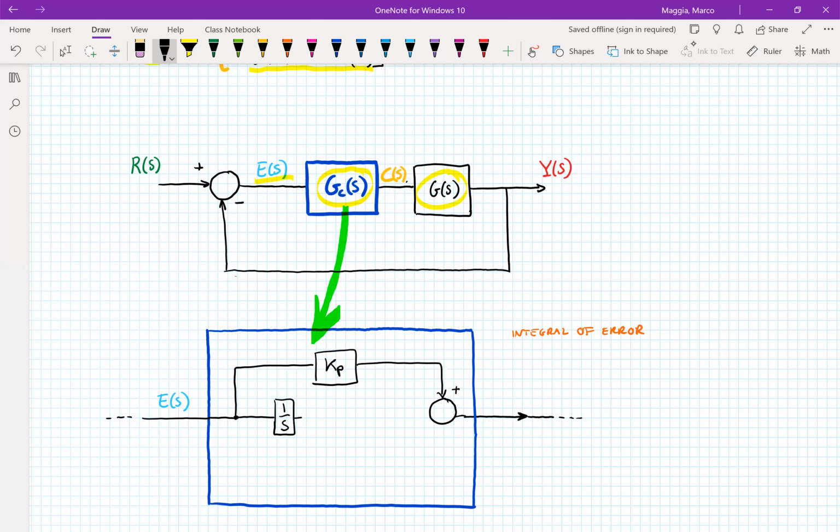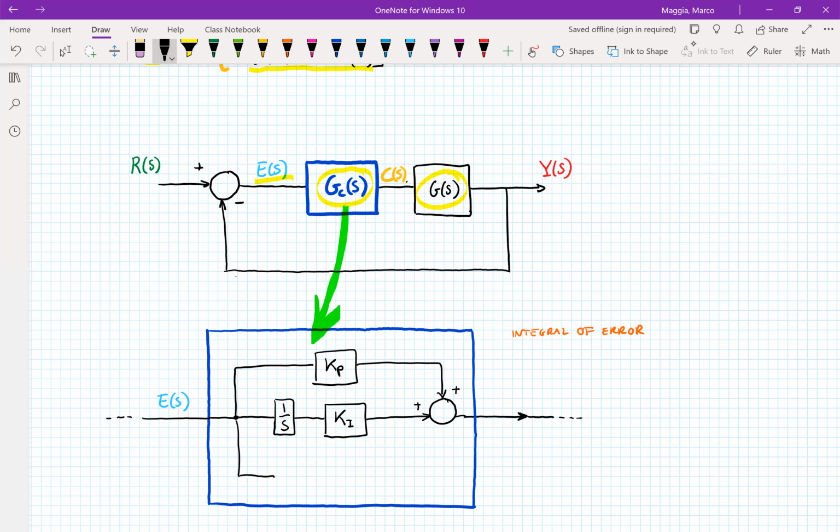And then we multiply this integral by another coefficient, which we're going to call Ki. I is because of the integral. And then the result of it will also be fed into this summing junction. Finally, the third branch will be the derivative of the error.